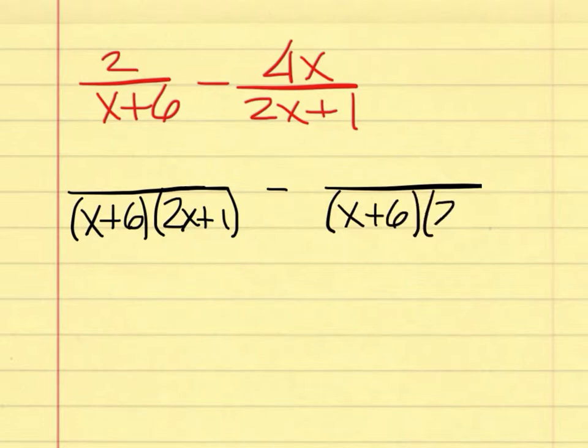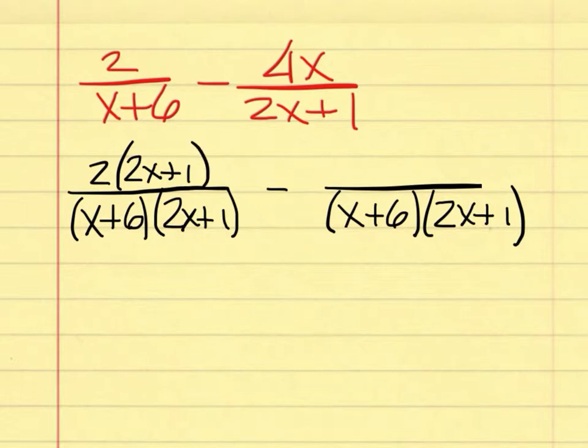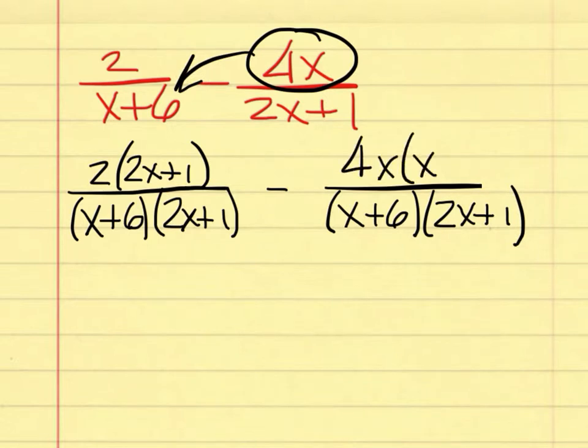Then you have to go find your numerators. The numerator is going to be this times the opposite denominator on the other side. So it would be 2 times 2x plus 1. And the same operation on the right side except in a different direction: 4x times x plus 6.